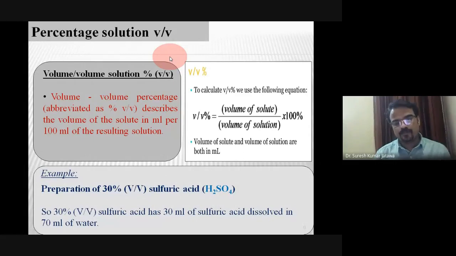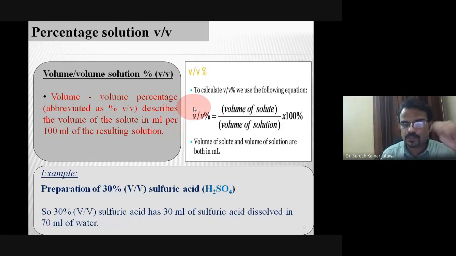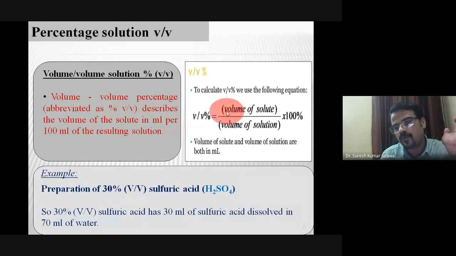But when you are preparing solutions volume by volume, the percent solutions describe the volume of the solute in ml per 100 ml of resulting solution. So it could also be calculated with a formula.